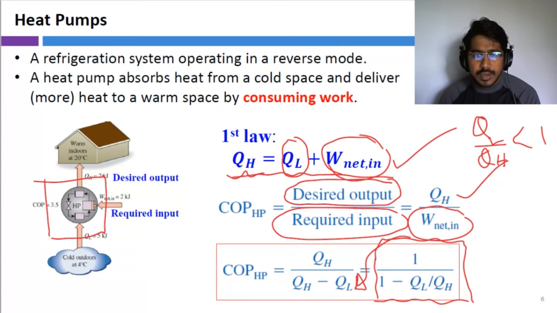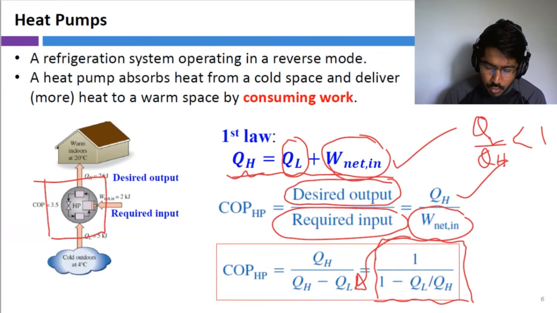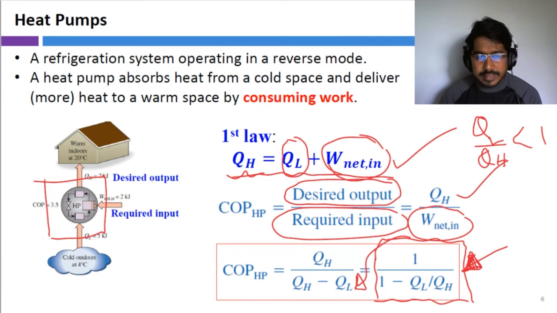Therefore, it's always less than 1. When it is always less than 1, what can we say about this expression? Is it less than 1 or greater than 1? It is always greater than 1, right? Excellent. Because 1 minus something less than 1 is going to be a decimal, and 1 divided by a decimal value is always going to be greater than 1.